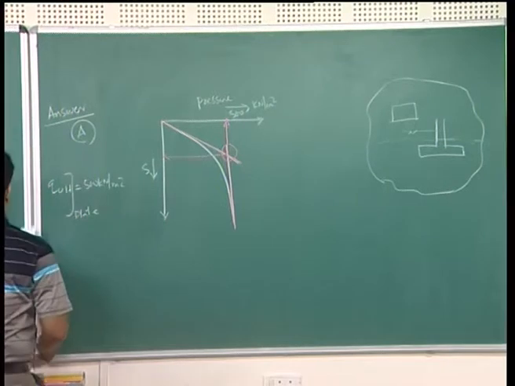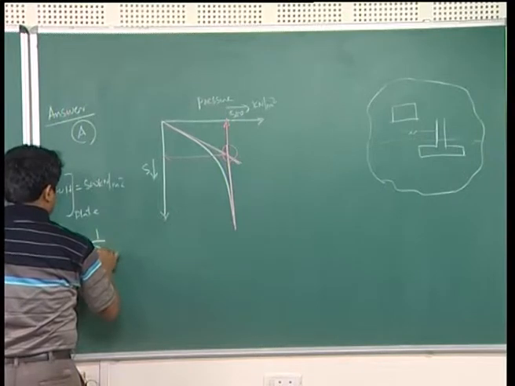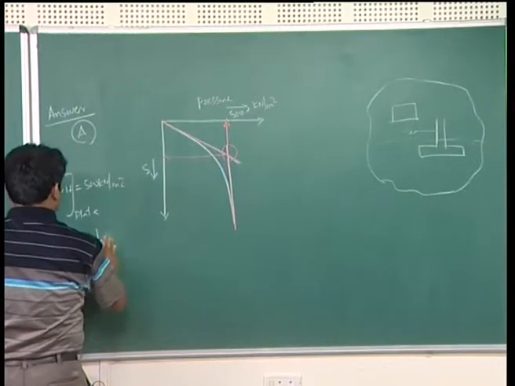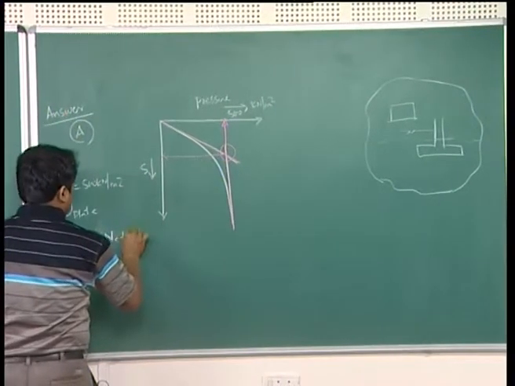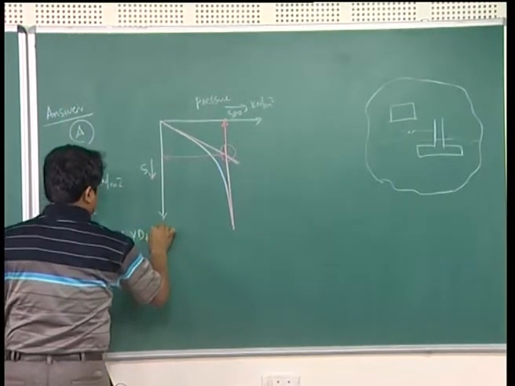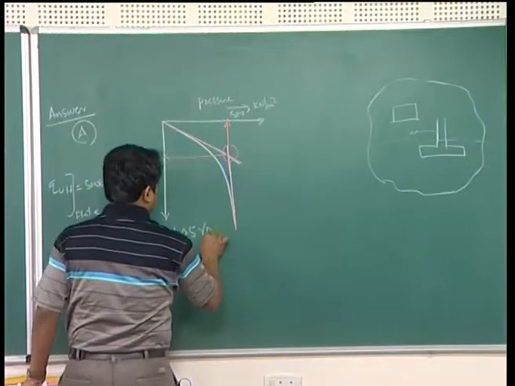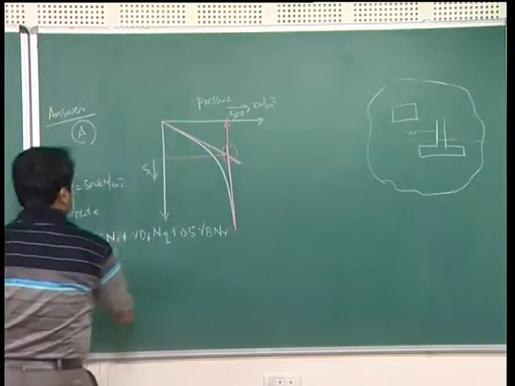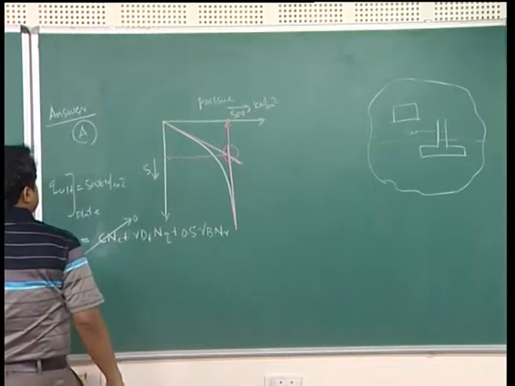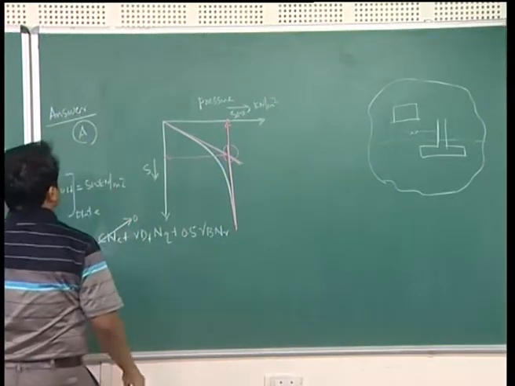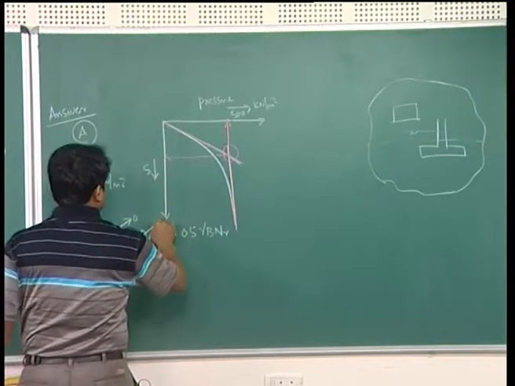Now, Q ultimate of plate is equal to, if I write, Q ultimate is equal to cNc plus gamma Df Nq plus 0.5 gamma B N gamma. Now, as it is cohesionless soil, cNc is equal to 0, and as the plate lies on the surface, depth is 0, so that term is also equal to 0.